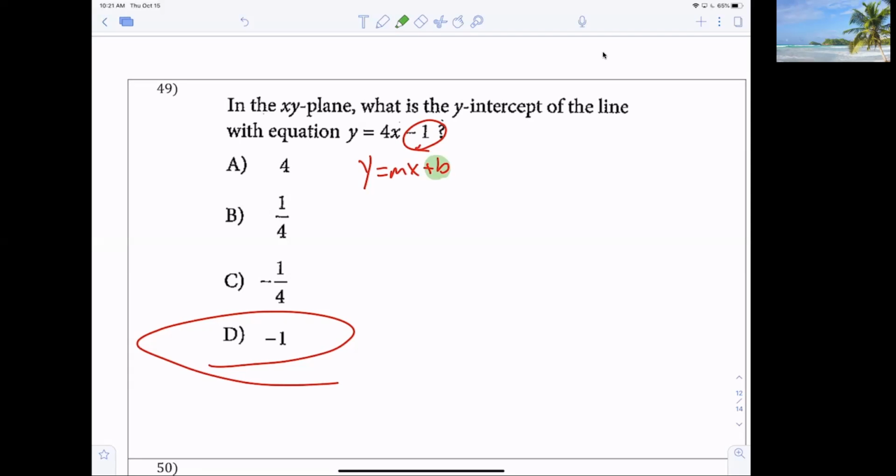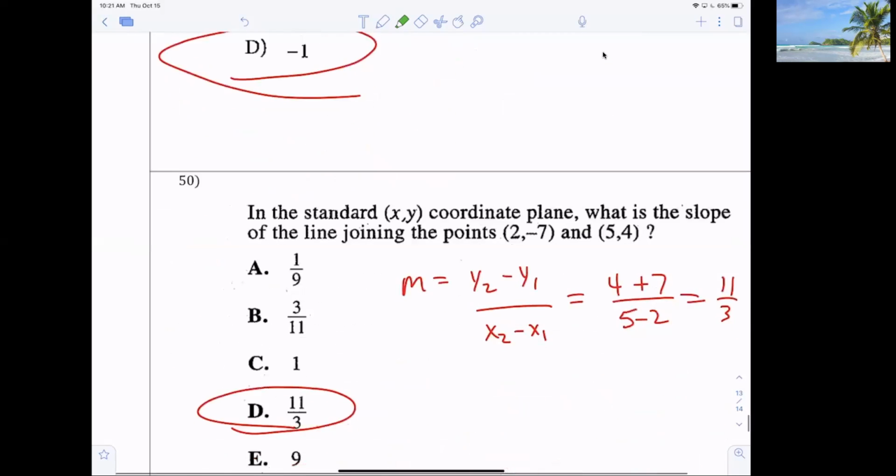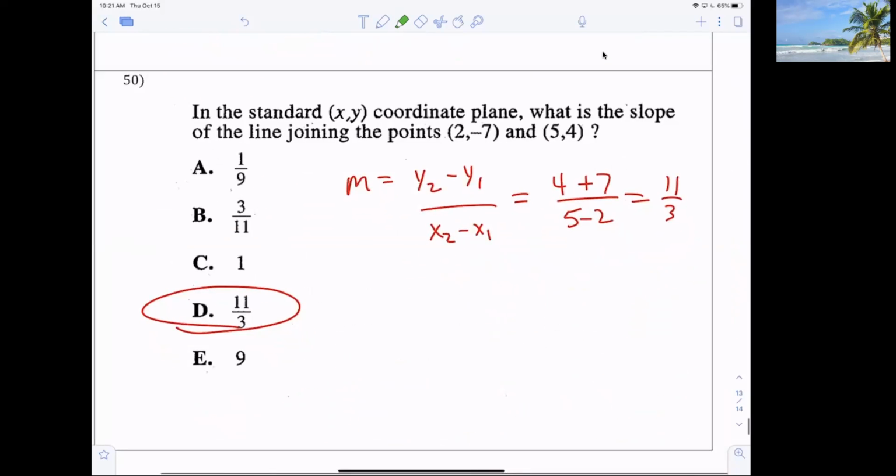Right. And then 50. You guys are okay with 11/3? Just using a formula, right? m equals y2 minus y1 over x2 minus x1. Anybody have any issues?